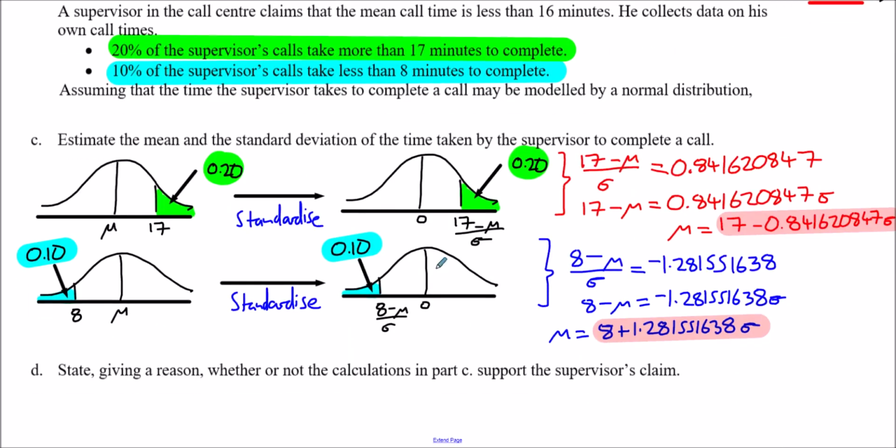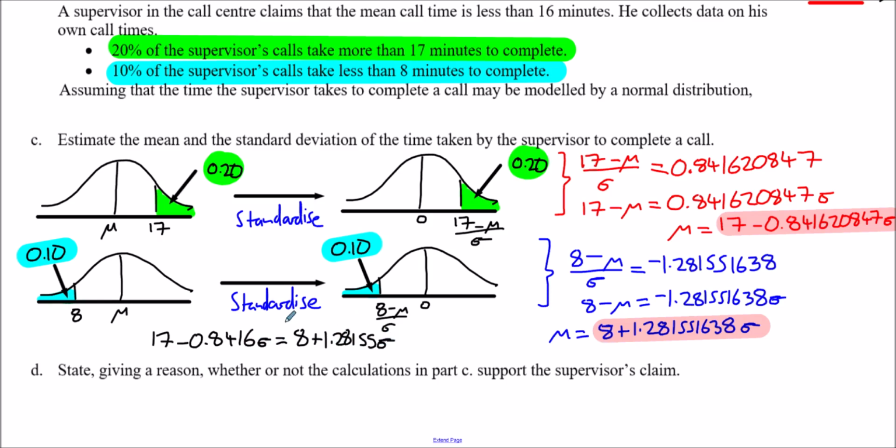scroll down slightly, so therefore 17 minus 0.8416 and so on sigma equals 8 plus 1.28155 sigma.